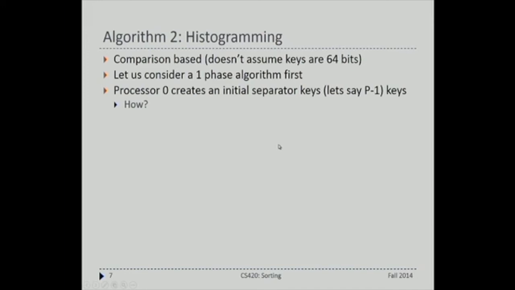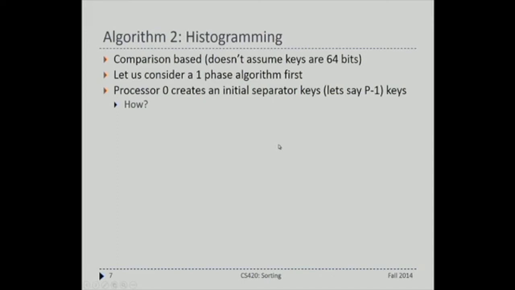What key value is such that everything on processor I is smaller than it and everything on I plus 1 is larger than it? That's the separator for the ith processor, right? So if I can correctly compute the P minus 1 separator keys, the one between 0 and 1 and the one between 1 and 2 and so on, then I just need to do one data movement. How can I calculate such a set of separators?